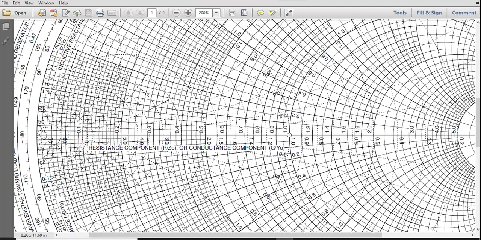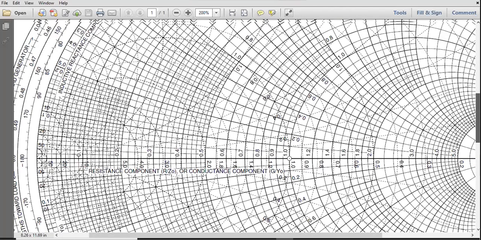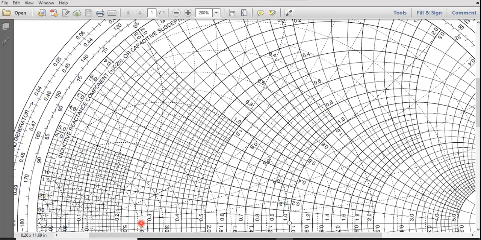You can see this thick line, that is 0.1, and this thick line 0.2. On this line you just go, and here it is 0.2. So this cross is what you mark.